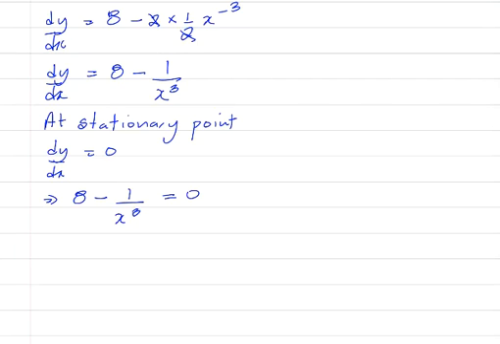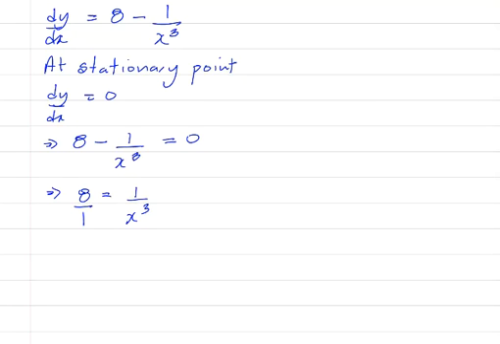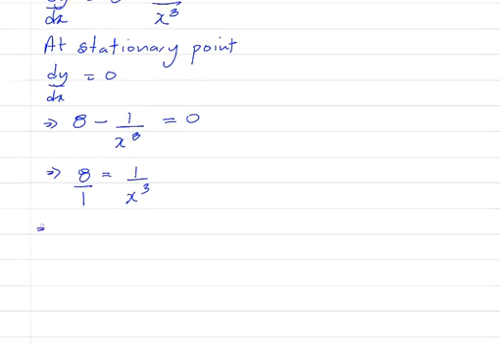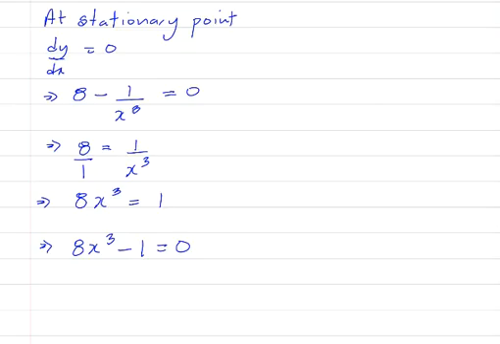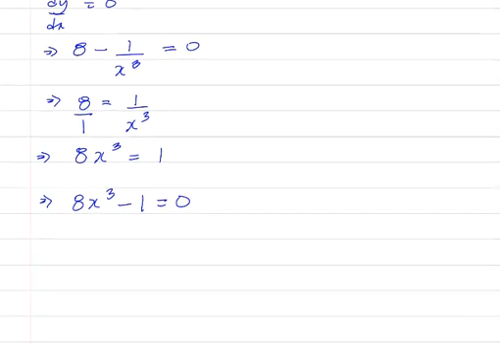So 8 is equal to 1 over x cubed. If I have one fraction equal to one fraction, I'm going to cross multiply. So therefore, what we have is 8x cubed is equal to 1. Therefore, 8x cubed minus 1 is equal to 0. So this is the difference of 2 cubes.